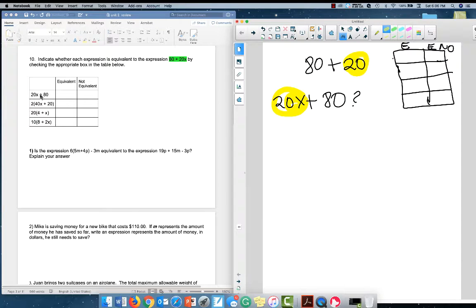You're going to use all of this to compare it to this. So we need to know whether these are equal to this. That's what we're doing. But look here. They are in different positions, so no, they are not equivalent.